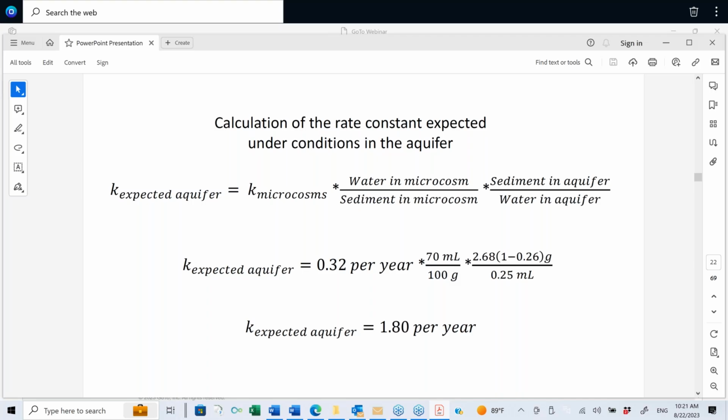So at a given concentration, because there's more water, there's more of the compound to be degraded. So at a given rate of degradation, the first order rate is actually slower in the microcosms. We correct for that simply by adjusting back to the rate constant that would be expected at a natural sediment to water ratio. So that 0.32 per year in the microcosm actually is equivalent to 1.8 per year at field scale.